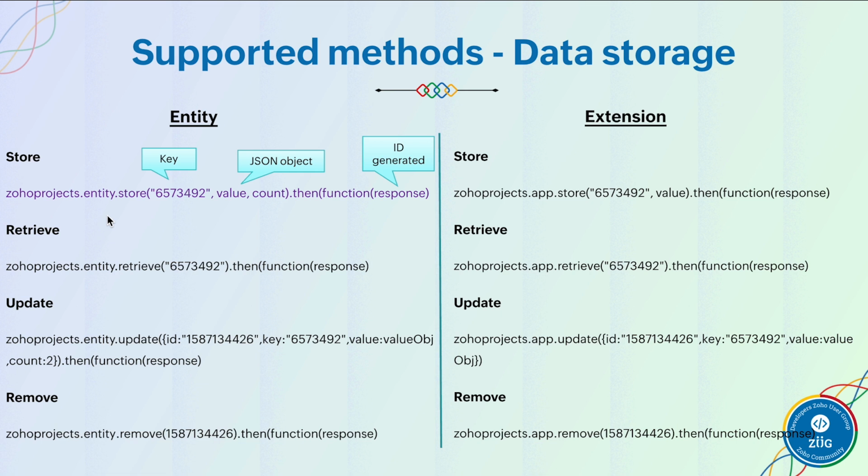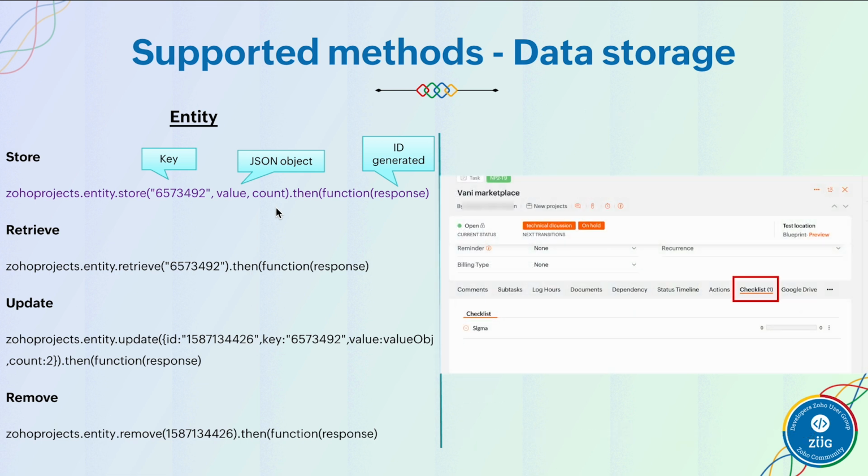If you want to count the number of occurrences that have been stored against the specific key, then you can include this count parameter. You have to remember that this count parameter will have to be initialized and handled at code level. If you include this count parameter, then whatever value is available for this count will be displayed as a number next to that entity level widget's name. For entity data storage only, this count will be applicable.